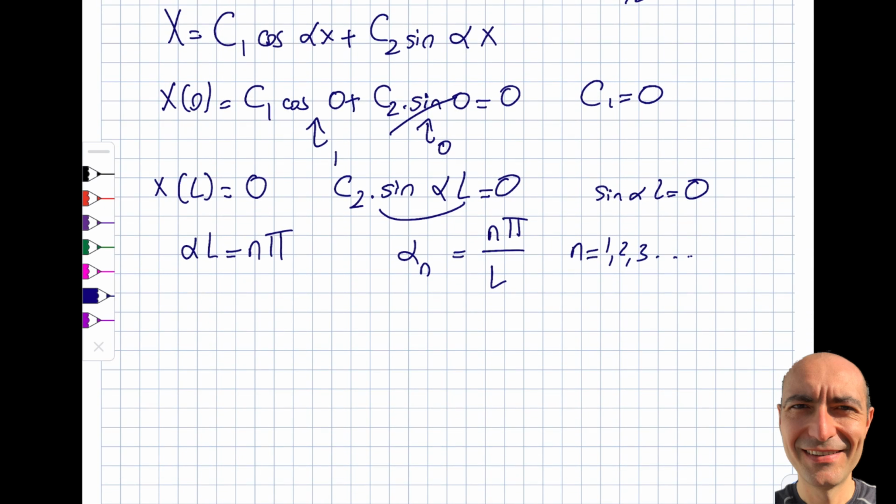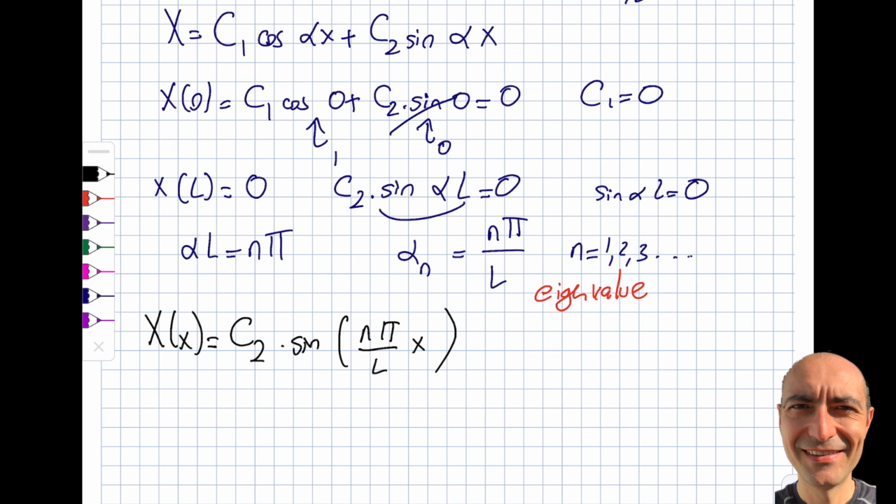We had a name for it, if you remember. We call this the eigenvalue, and the corresponding function we call the eigenfunction. So x of x, when all said and done, I get c2 times sine of n pi by L, which is alpha, times x. So this is my eigenfunction.